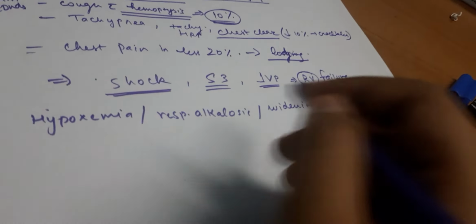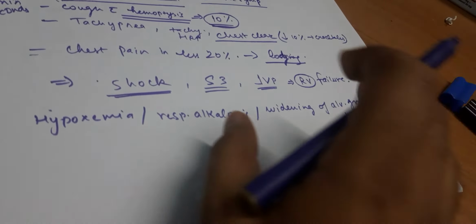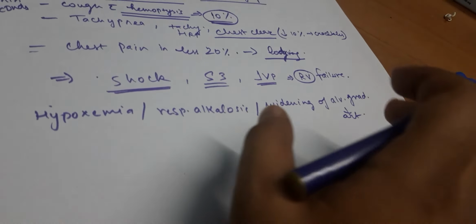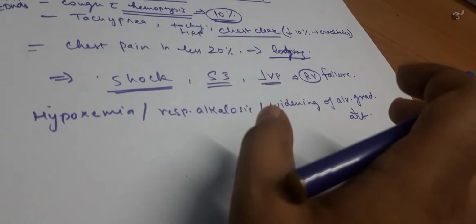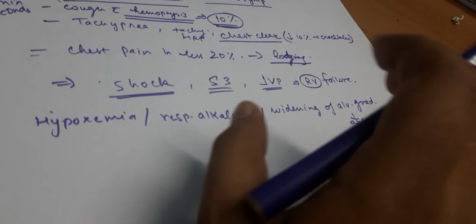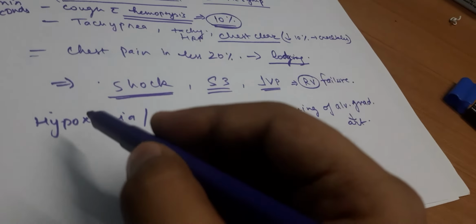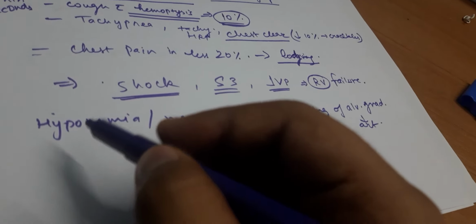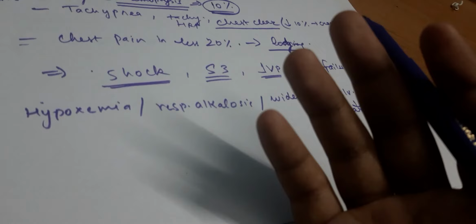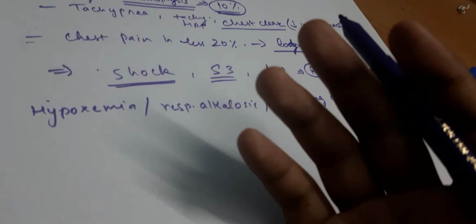Okay, the alveolar and the arterial gradient both will be widened. The difference between the concentration will be more between the alveolus and the artery. And the tachycardia will be there with transient ST-T changes.